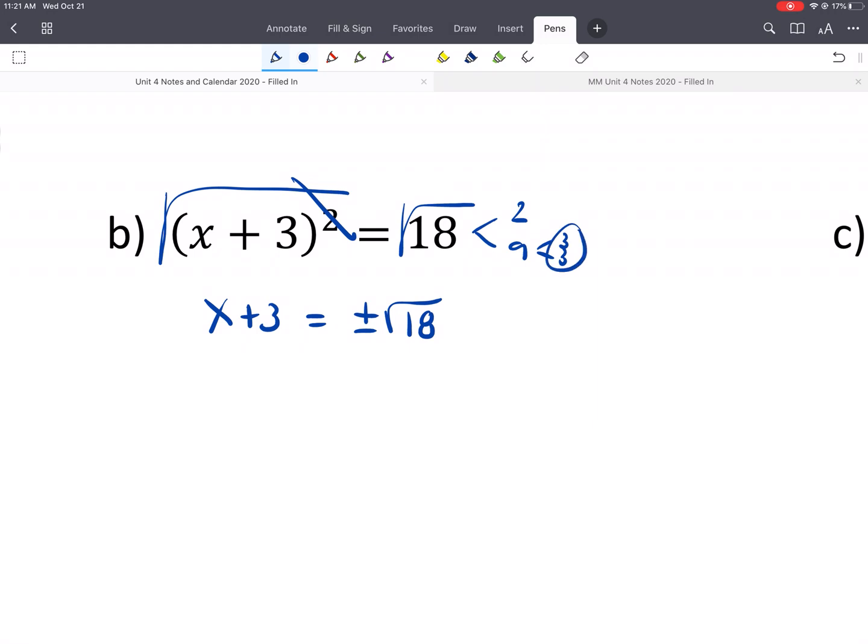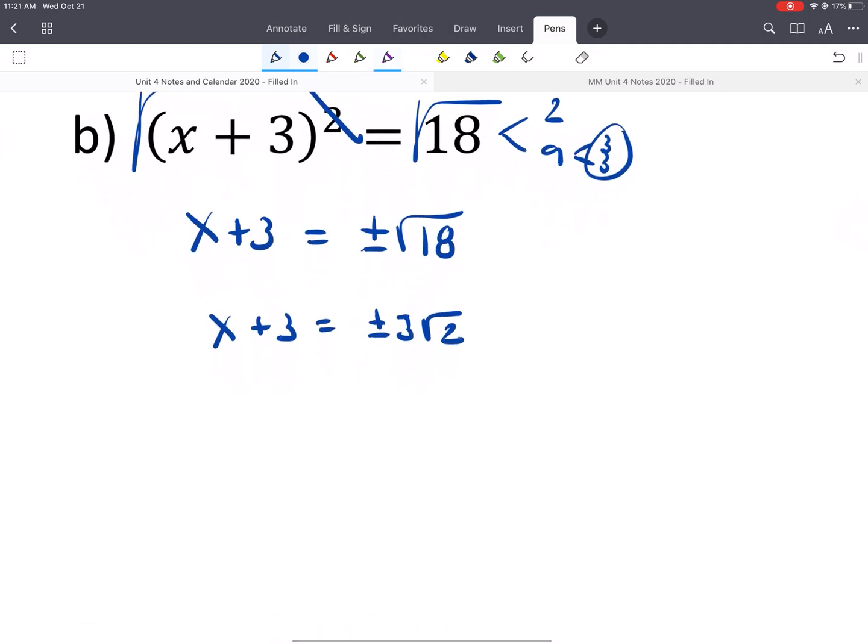So we can take out a 3. So that's really x plus 3 equal to plus or minus 3 square roots of 2. And then we'll just subtract 3 from both sides. So x is equal to negative 3 plus or minus 3 square roots of 2.